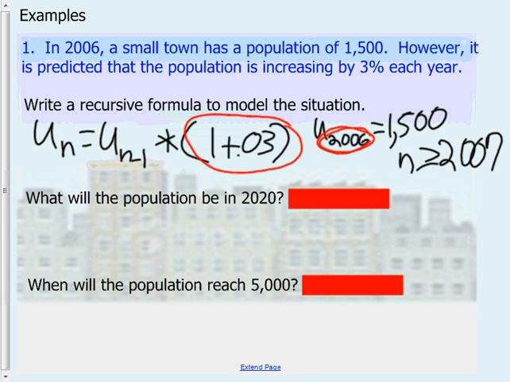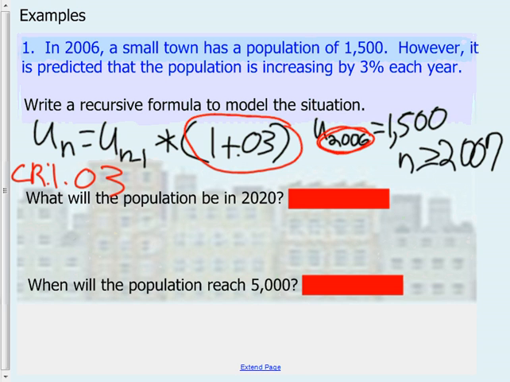So would that be 1.03, that's the common ratio? Yes. Yep, so the common ratio would then be 1.03. And then, as a good little review piece here, what would our percent change be on that?